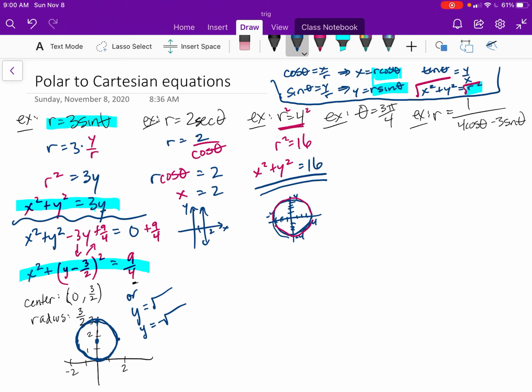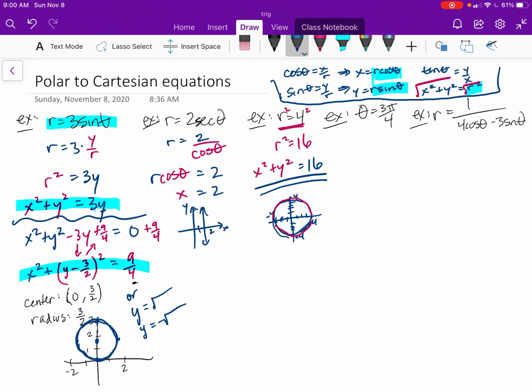It looks so simple, right? Okay, moving forward. Theta equals 3 pi over 4. This is a weird one, and you could solve this in various ways.